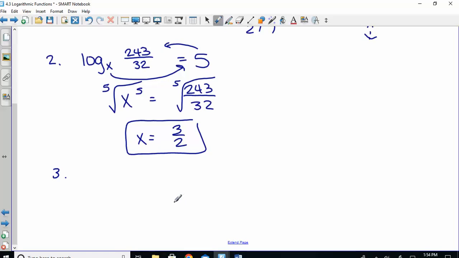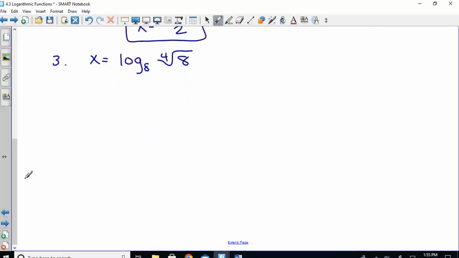One more. We'll do one with a radical in it. Let's do... So I'm going to make it more interesting though. I don't want that to be an 8.